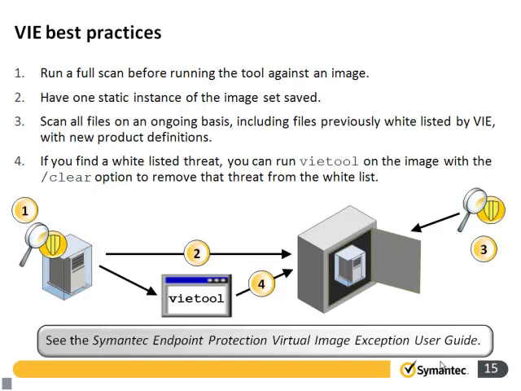Have one static instance of the image set that has been saved. Scan all the files on an ongoing basis, including files previously whitelisted by the VIE and new product definitions. And if you find a whitelisted threat, you can run the VIE tool on the image with a /clear option to remove that threat from the whitelist to ensure that it's not skipped at a later date.